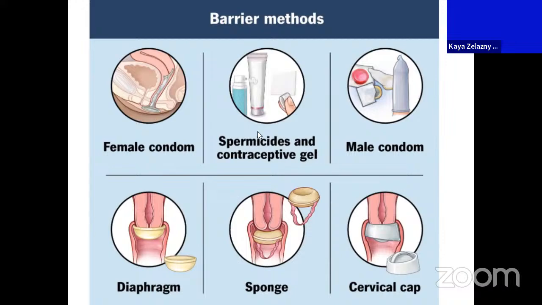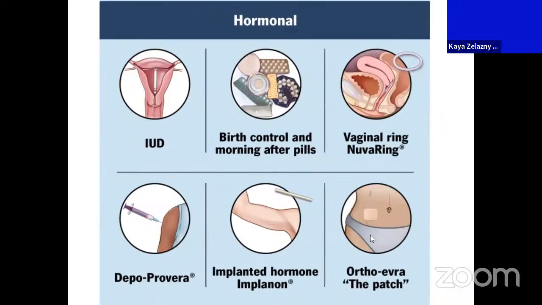Usually these methods are combined with some chemical methods for disabling sperm, like spermicides and other contraceptive gels to make this more effective, or literally a cervical cap, just capping over the cervix, as the name says. So those are barrier methods.